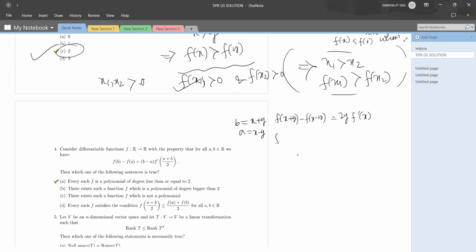Okay, then if you differentiate it with respect to x, then we will get this, right? And if you differentiate this with respect to y, then you will get this plus this equal to this, and then if you add these two, what will you get?